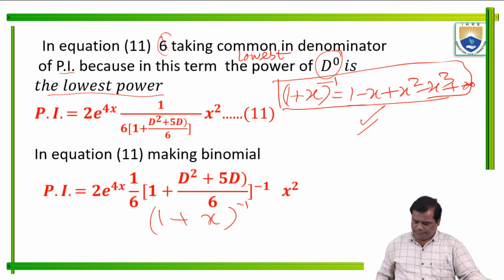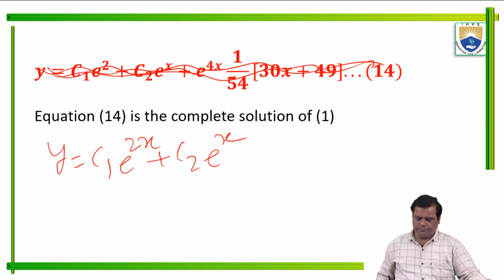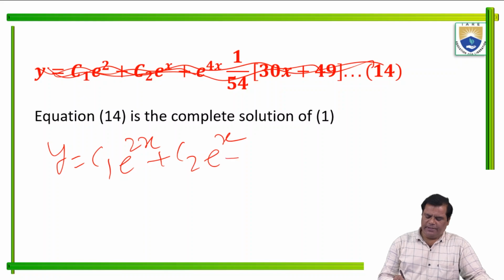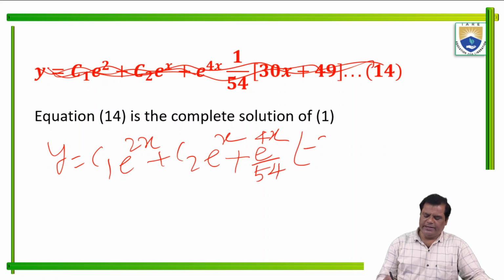So now this is CF, plus e^(4x)/54, minus 30x, plus 37.